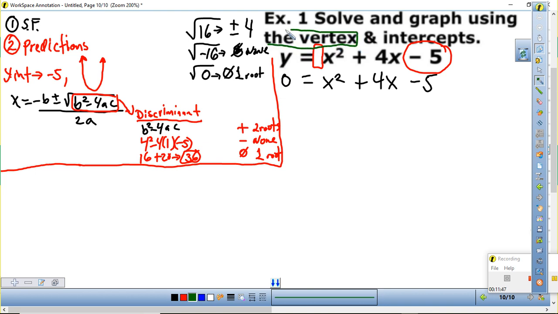The highest or lowest point. So I'm going to write over here vertex, highest or lowest point. So for a point, what do we need, everyone? What values do we need for a point? 2 values. What values? An x and a y. So for a point, we need an x value and a y value.